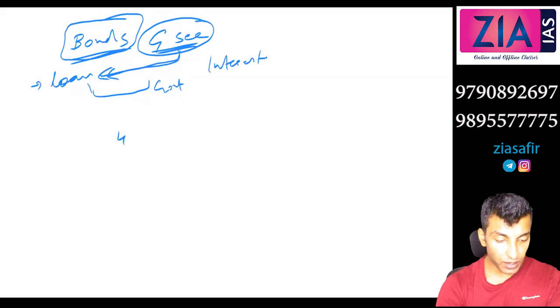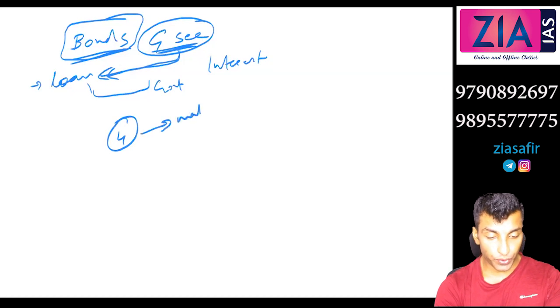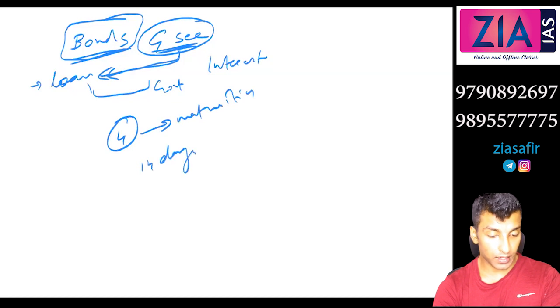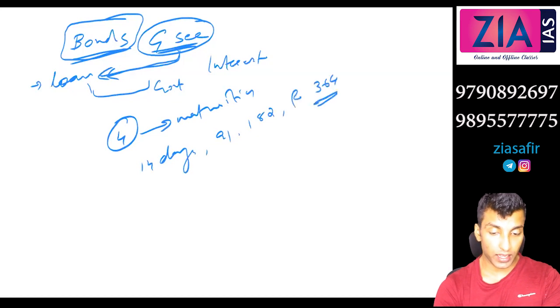That means 4 different maturities: 14 days, 91 days, 182 days and 364 days. 1 year is the maximum.